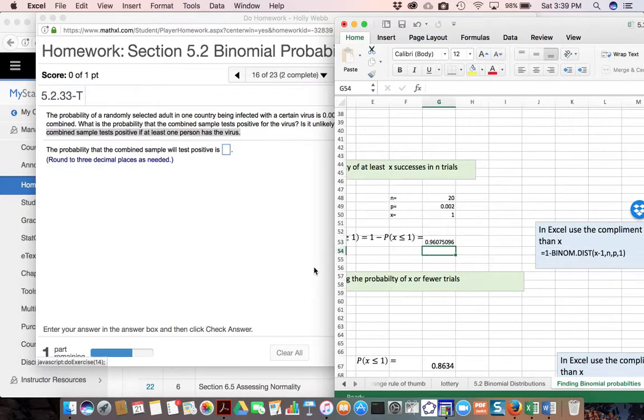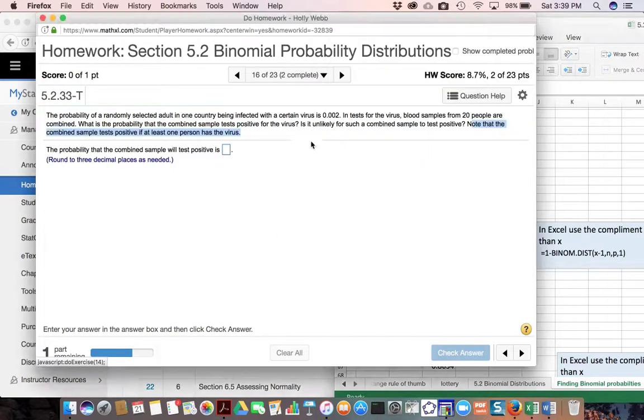So we're looking at 0.96, and that is wrong. I know that that can't be right because that's way too high for a positive test result when our probability of a positive is 0.002. So I'm not going to put that in.